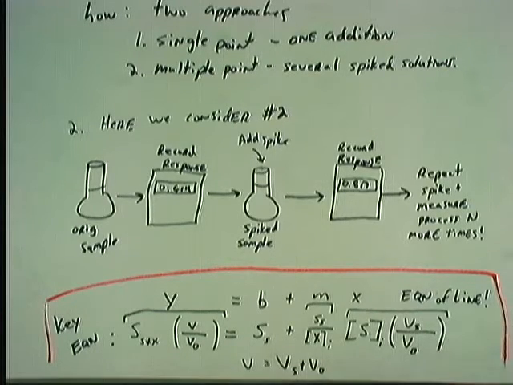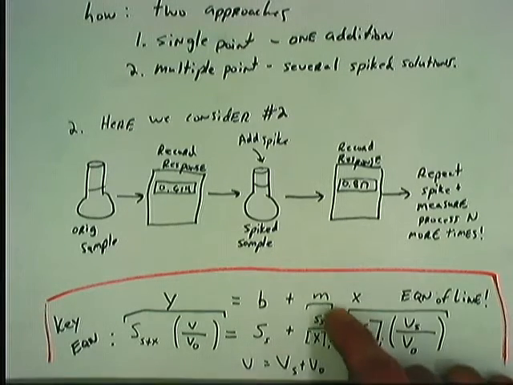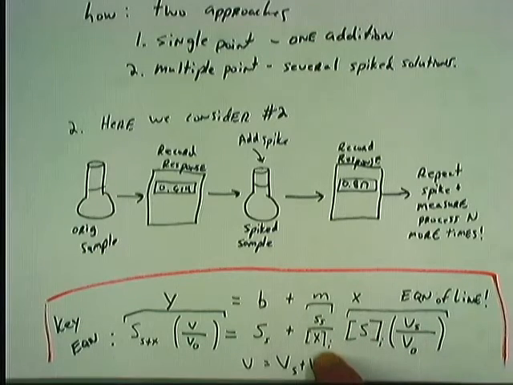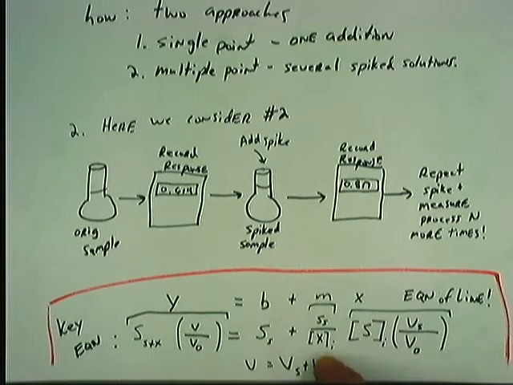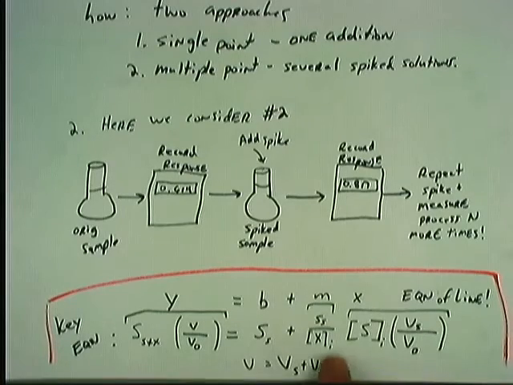But the strategy is that our x variable is going to be this product that we're going to graph. The corresponding y variable is going to be this product. We're going to find the slope of that best fit line that goes through our x and y points. We can find the intercept. And from the slope, we're going to be able to extract out the concentration of our analyte, X sub I. So that's going to be our approach. Let's see how this is done practically, okay?